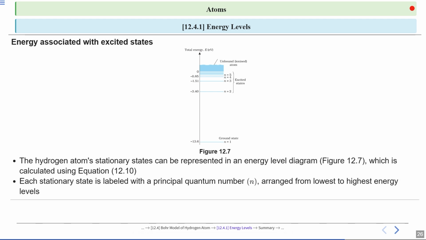Each of these stationary states is labeled with the principal quantum number n, which tells us the order of energy levels. The lowest energy state is n equal to 1, called the ground state, and higher values of n represent excited states. As n increases, the energy levels get closer together. Remember, the principal quantum number is always a whole number starting from 1.